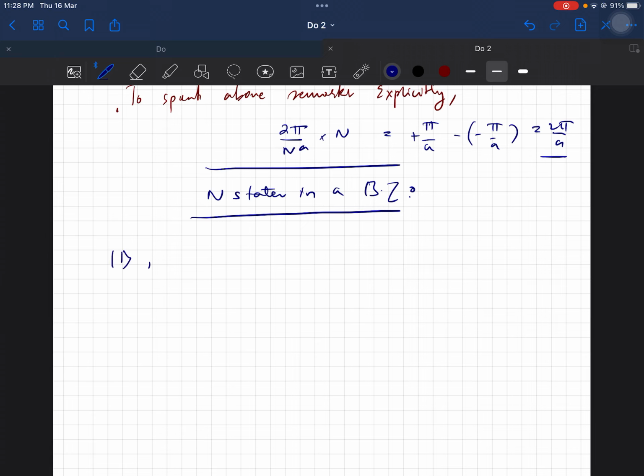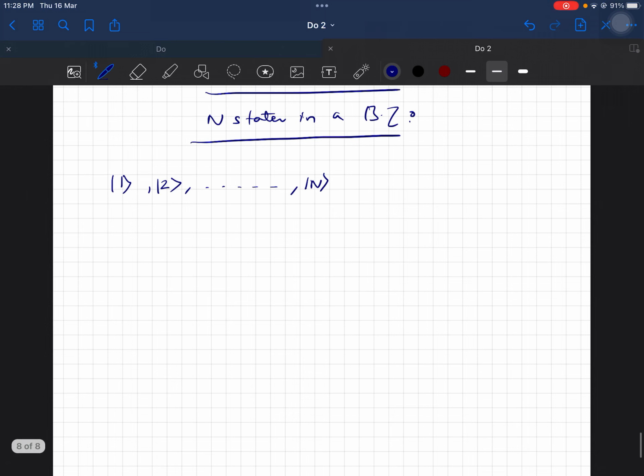I started out with some states. We expect n quantum states. That's what we expect.